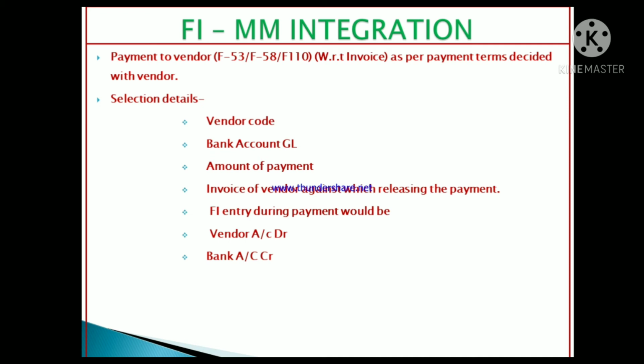What are the selection parameters? We need to select the vendor code, bank details, amount of payment, and the vendor invoice against which we are going to release the payment. The FI entry during payment would be generated. What is the entry that will be generated?